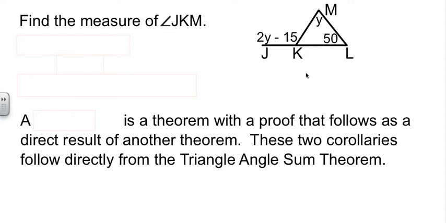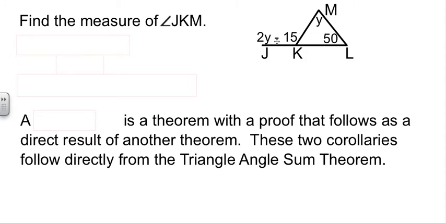Now that we've got that theorem proven, we can apply it. We know we're looking at a triangle here, and we've extended one of the sides, so we're talking about an exterior angle, JKM, and we've got the two interior angles, angle M and angle L. So we can write an equation based on that theorem.